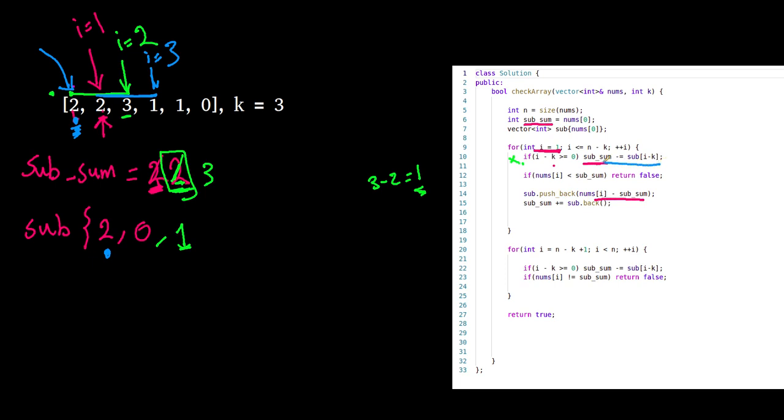So here we remove this from the subtracted sum because this no longer affects this index. So we have 3 here minus the value at I minus k. I is 3, 3 minus 3 is 0. The value at 0 is 2. 3 minus 2 equal 1. And so we update this value to 1.